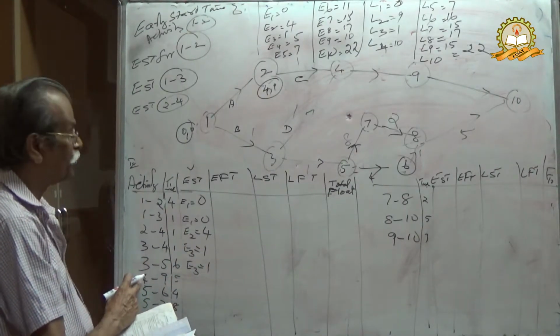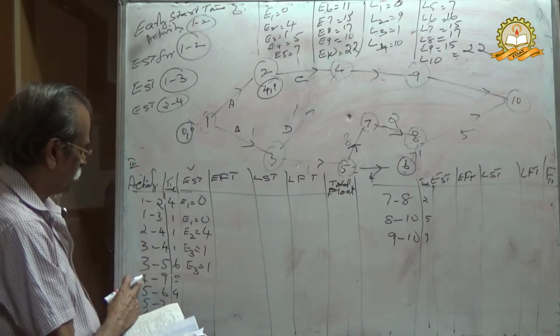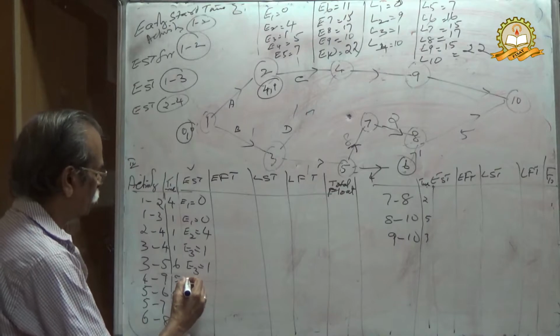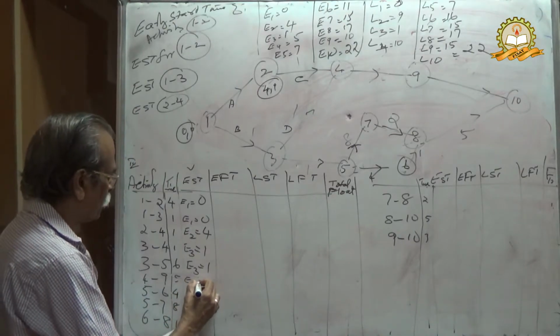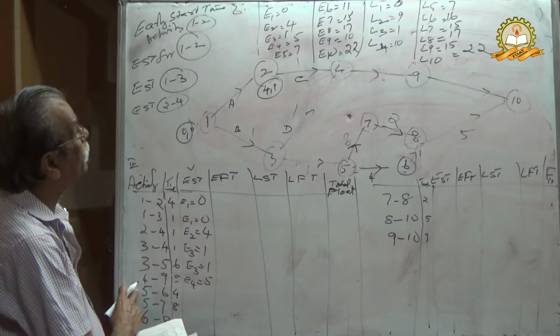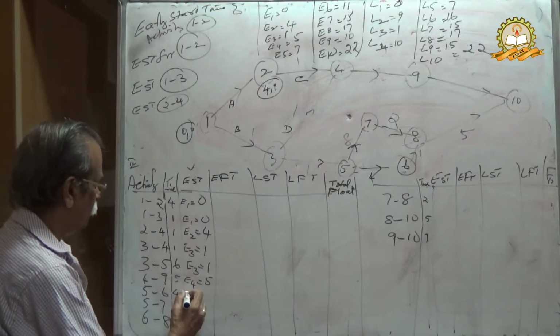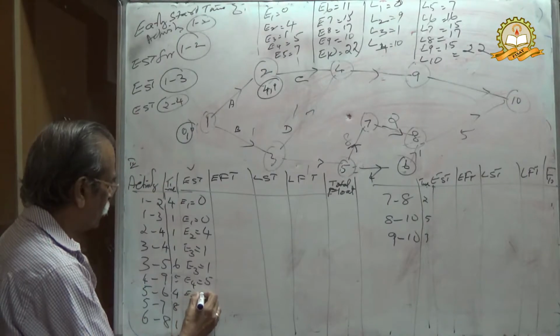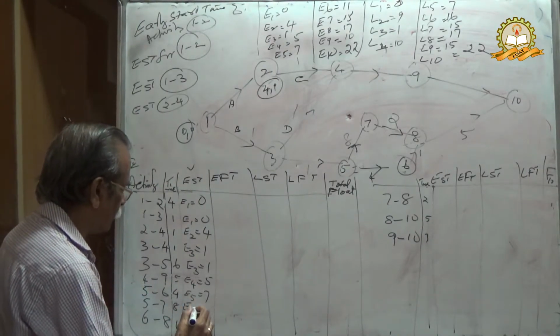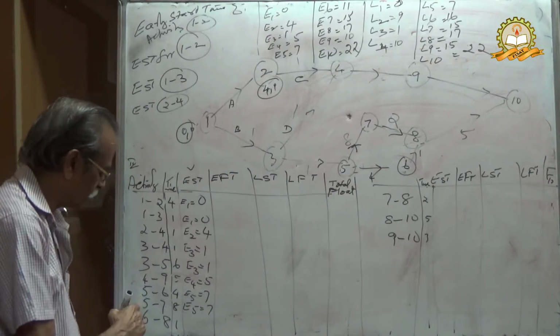Then activity 4 to 9, starting point 4, E4 equal to 5. Then E5 is 7.